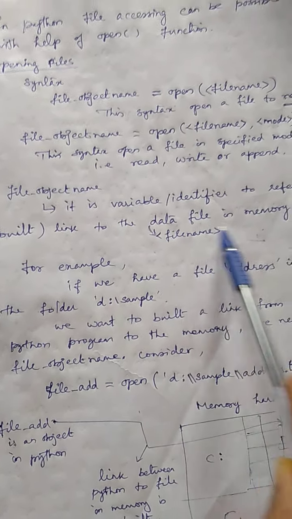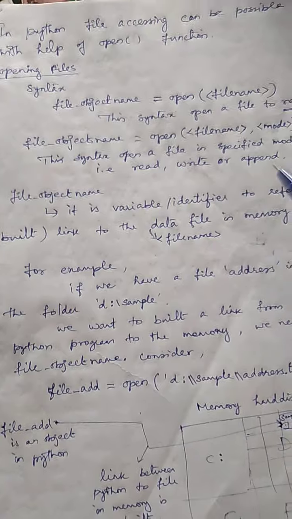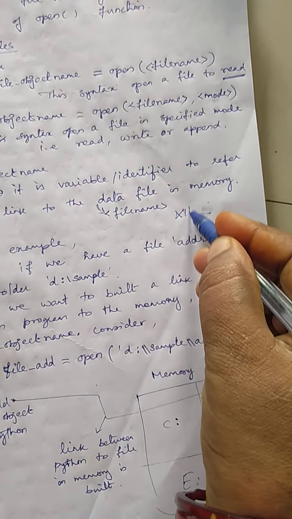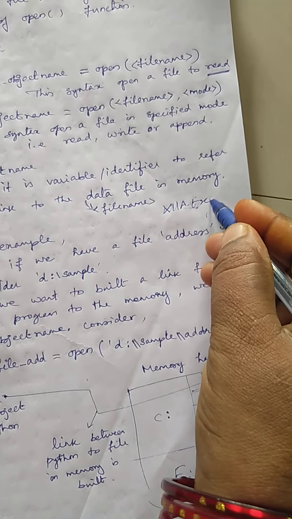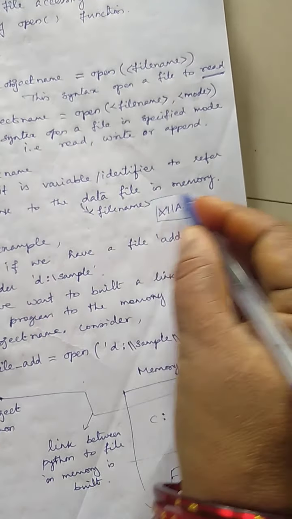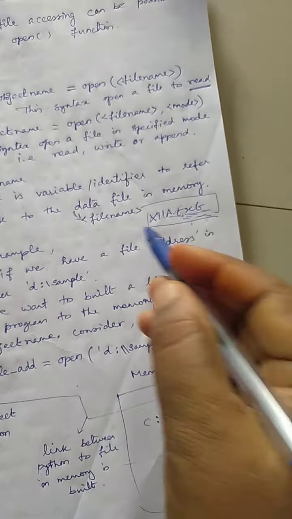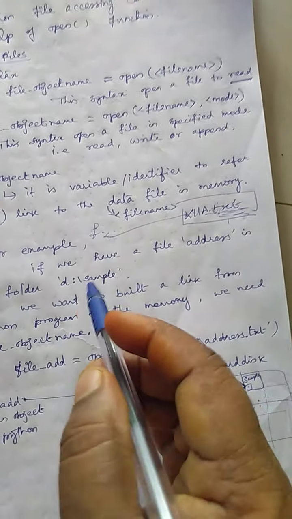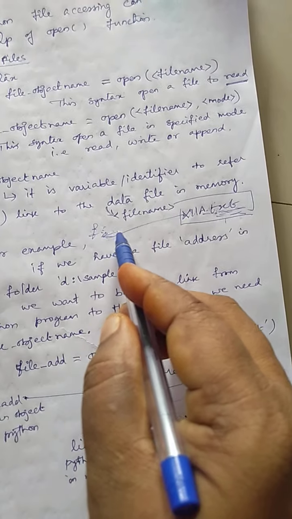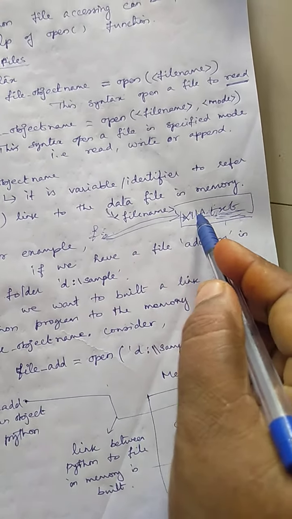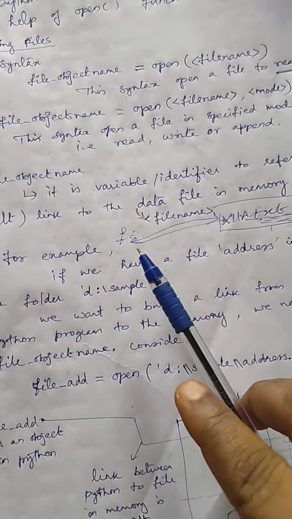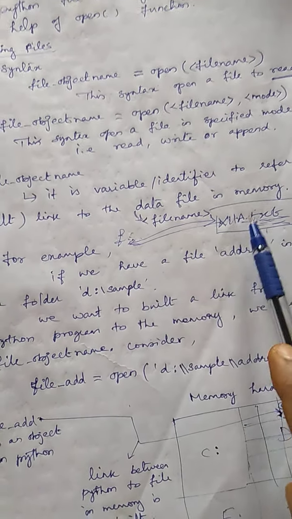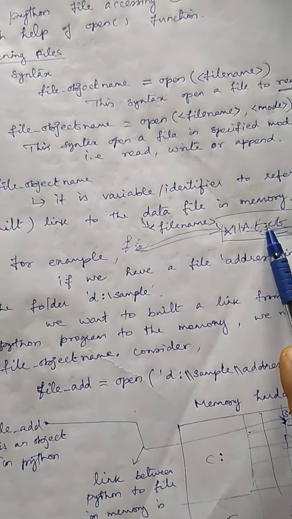Suppose we have one file, 12a.txt, in our memory. This file data may be referred to in our Python program with the name of a file object. So the file object refers to the memory content, and we build the link between the file object in our Python program and the memory where the text file is stored.